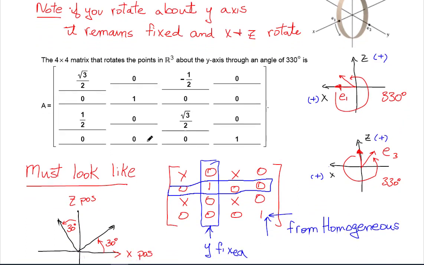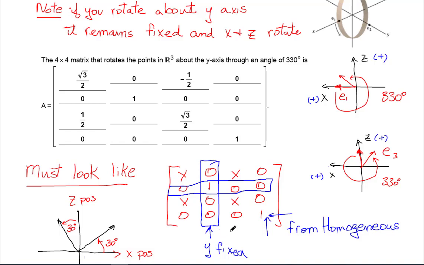All right, that part is somewhat clear. So the homogeneous coordinates part, the points along the y-axis are not changing. That's why you see E2 is remaining in place. It's not going anywhere. So the only thing that's happening is the rotation.